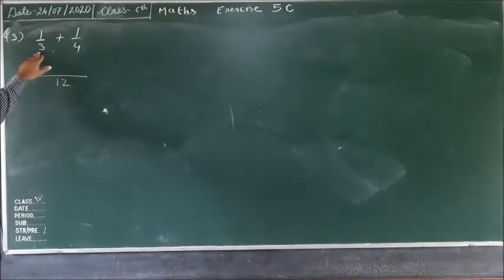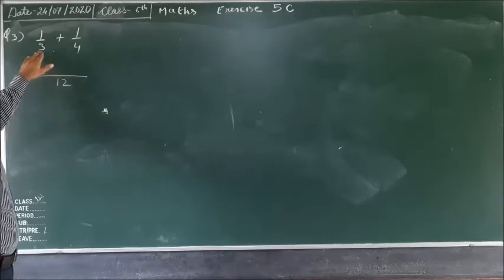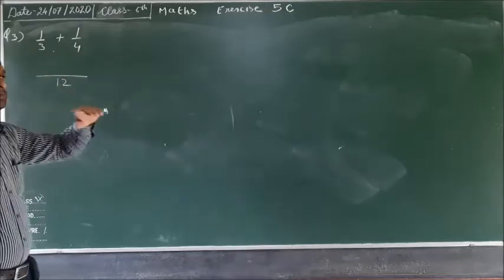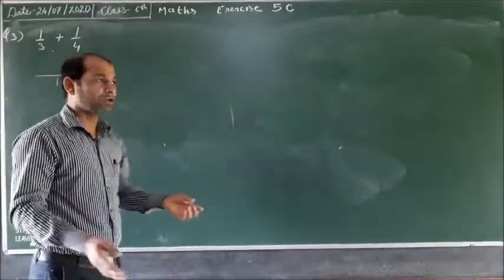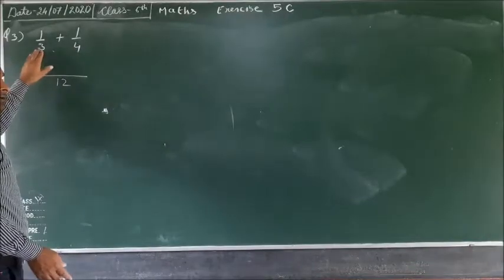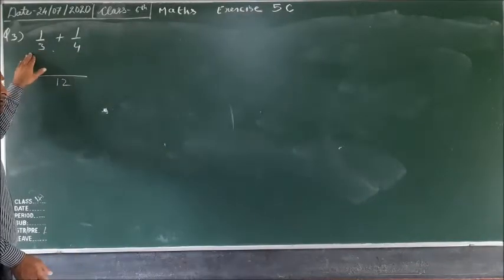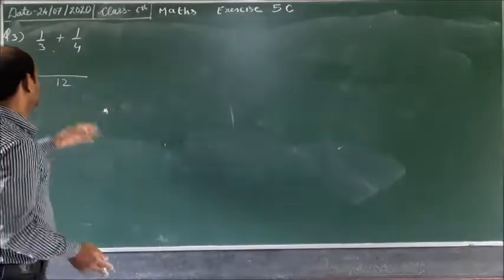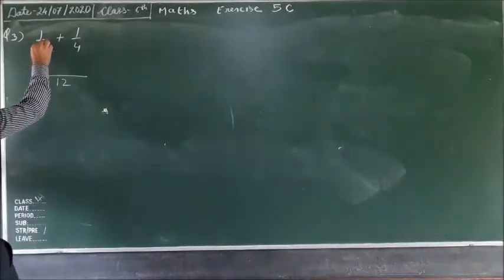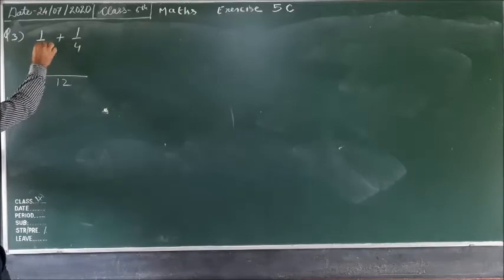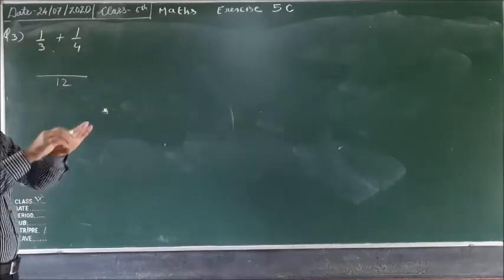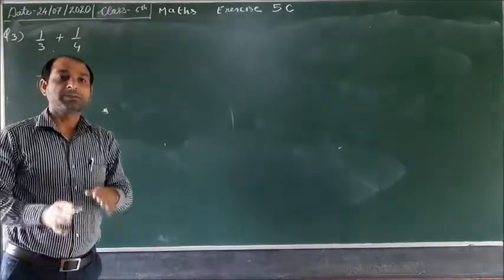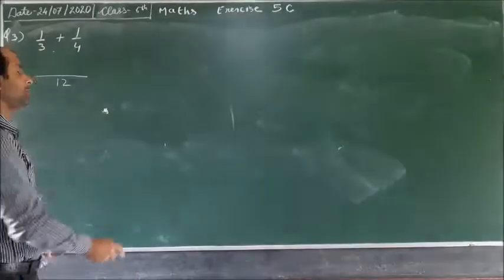Why? Because these denominators are divisible by different numbers. Look here, 3 is divisible by 3 and 4 is divisible by 2 or 4. Okay. When we find the LCM, meaning both numbers are divisible by different numbers, then we find the product of the denominators.